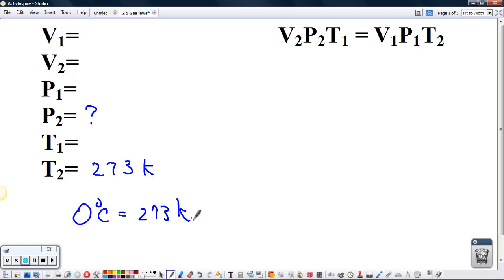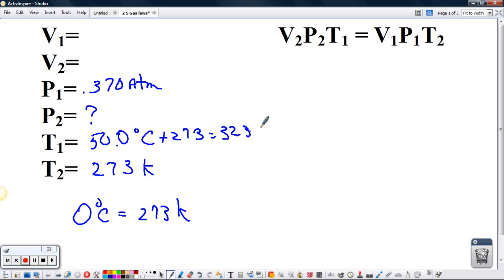All right. A gas has a pressure of 3.370 atm at 50.0 degrees C plus 273 equals 323 K. Okay?